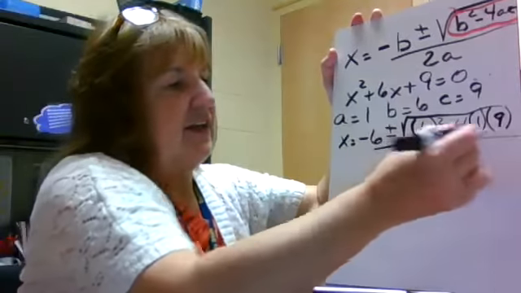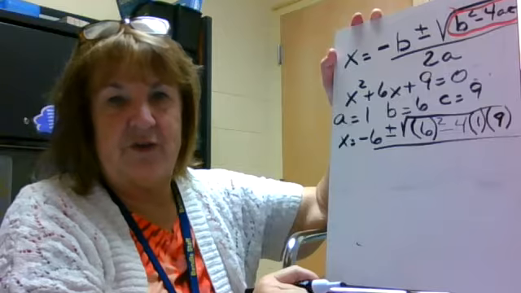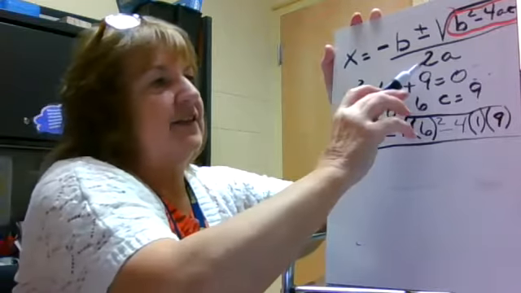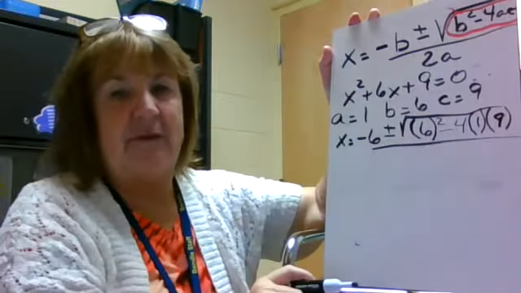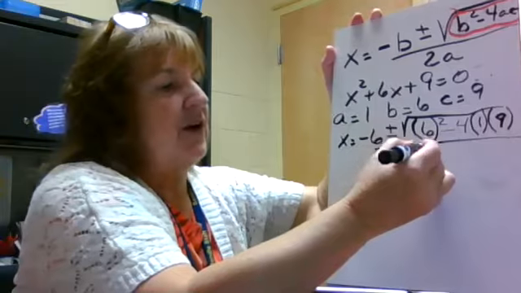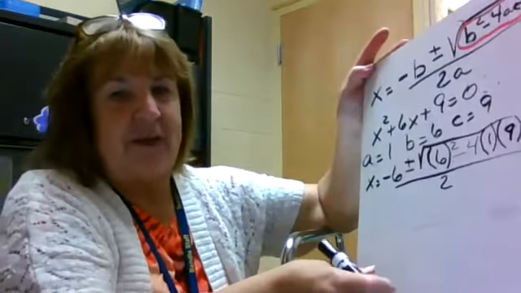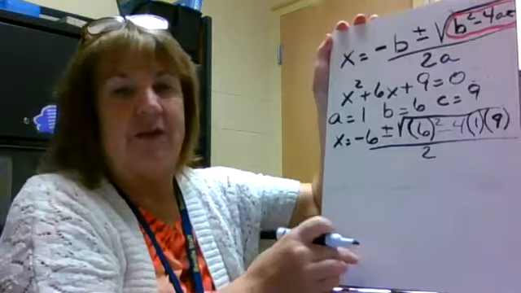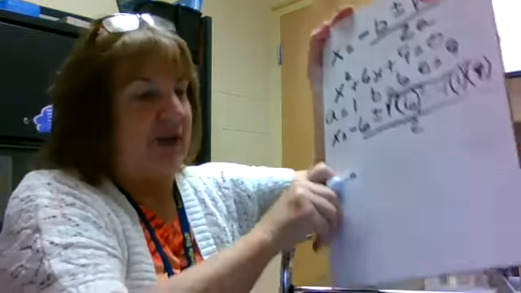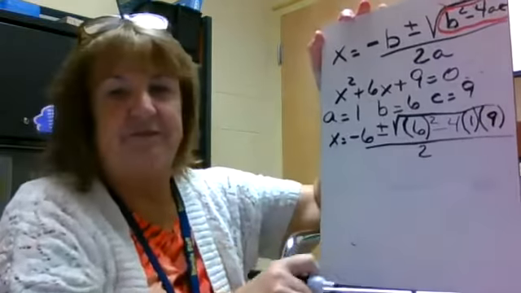And then on the bottom, you can do this in your head. This says to take 2 times the A number. Well, 2 times 1 is 2. Now, I know we just did 2 problems and they were both the same on the bottom. They aren't always going to be that way, so make sure you pay attention to it.